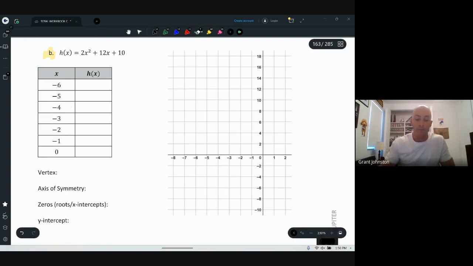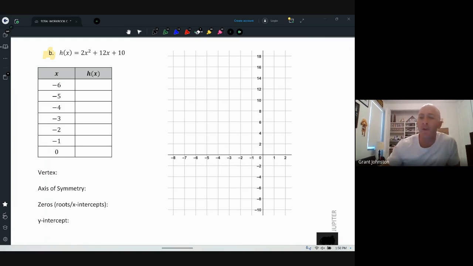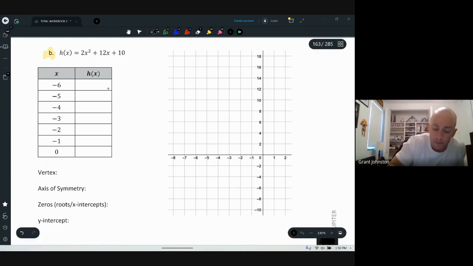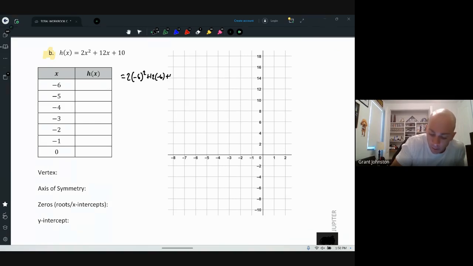I'm going to write out the work for -6, or at least most of it. So I'm going to do 2 times -6 squared plus 12 times -6 plus 10. So -6 squared is 36. 12 times -6 is -72 plus 10.